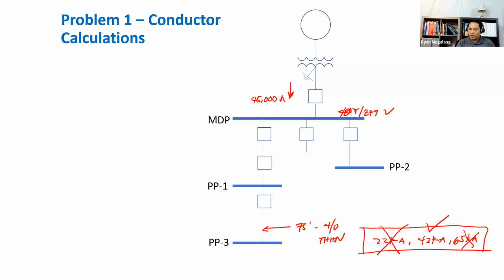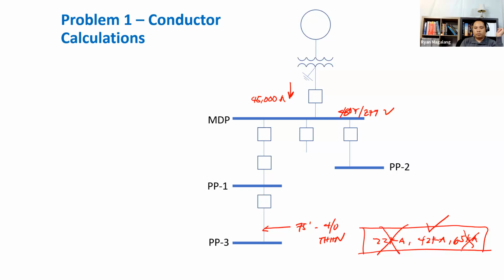But remember that the higher the interrupting rating of your devices, when we say interrupting rating, that pertains to your overcurrent devices, to your breakers, to your MCCBs, and to your fuses. And then for your panel boards, your MCC, we generally call that duty rating. The higher the rating is, the more expensive.